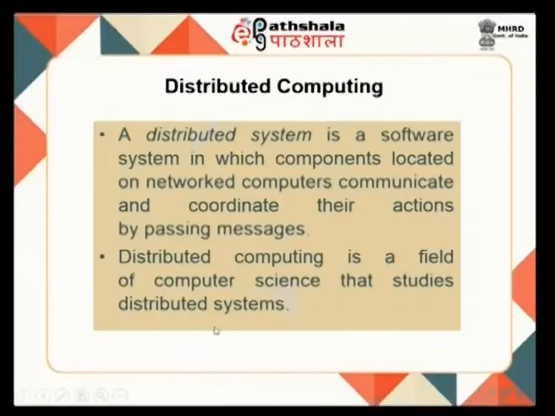Distributed computing is a field of computer science which studies distributed systems. In this course, we will often mention distributed systems and distributed computing, and we will mean them equivalently, unless we mention otherwise.